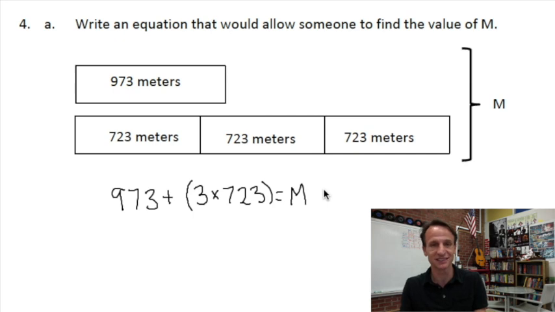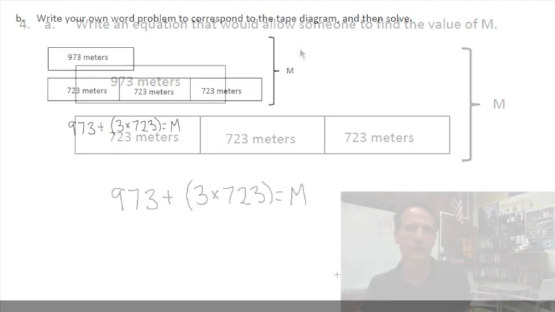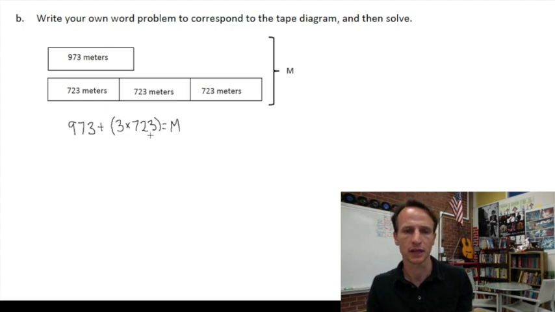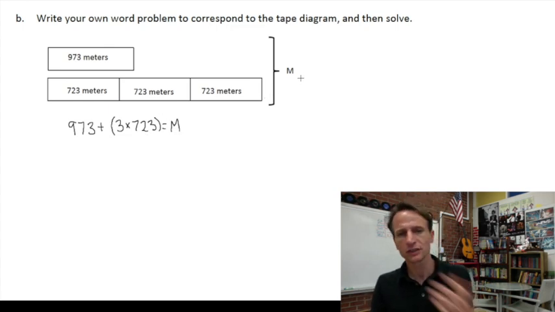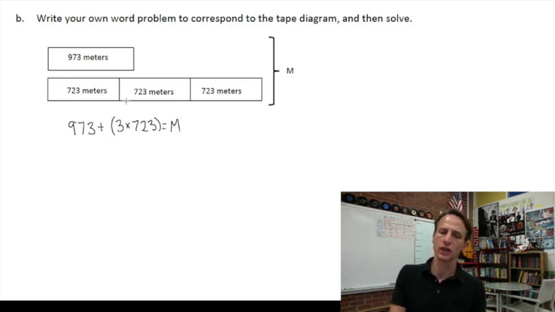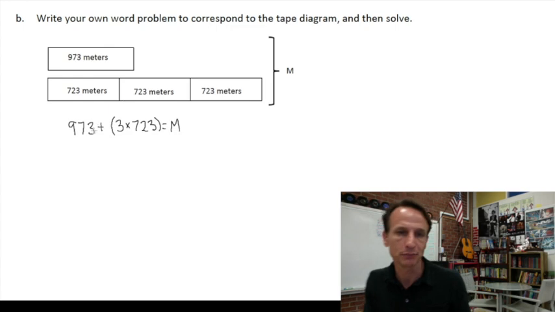All right, but now let's go on to 4B, where, well, there's more to do. I copied over the tape diagram in our equation here. So you see we have to write our own word problem to correspond to the tape diagram and then solve. I like running, so we're talking about linear distance here and meters.